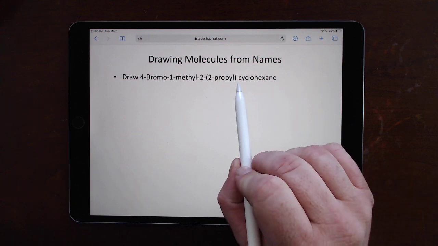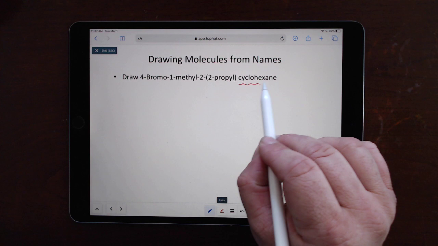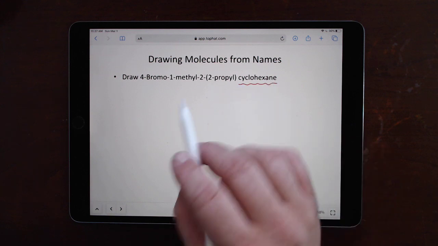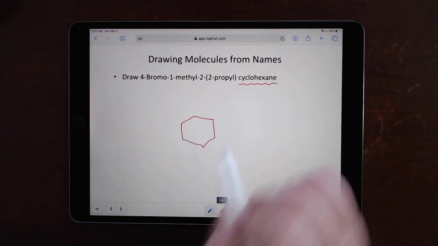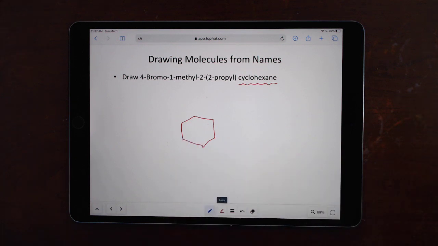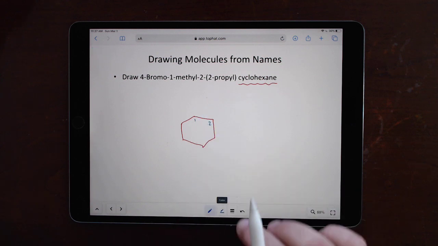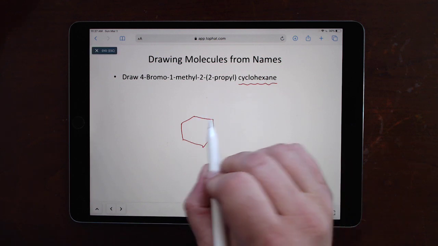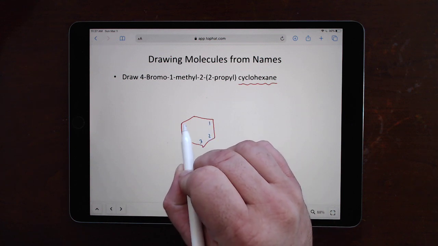So you start with the main chain right here. The main chain is cyclohexane. For this one, we can designate where number 1 is. Let's start it here. So 1, 2, 3, 4, 5, 6.